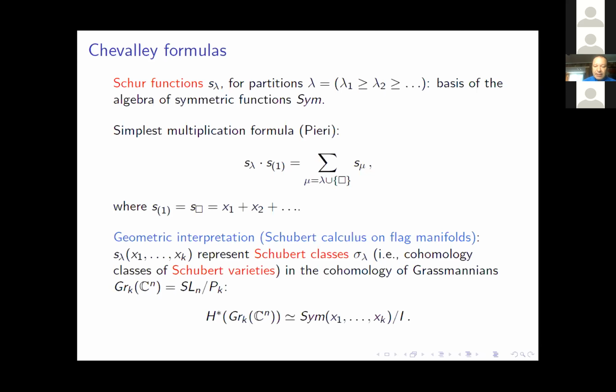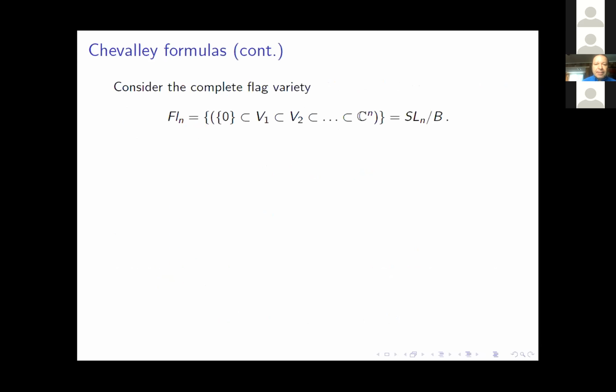And as you can see, the cohomology is a certain quotient of the ring of symmetric functions in k variables. So in this sense, Schur polynomials lift Schubert classes to the polynomial ring.